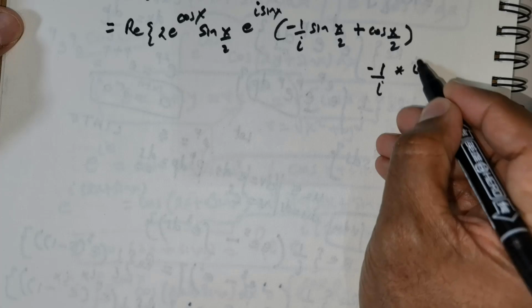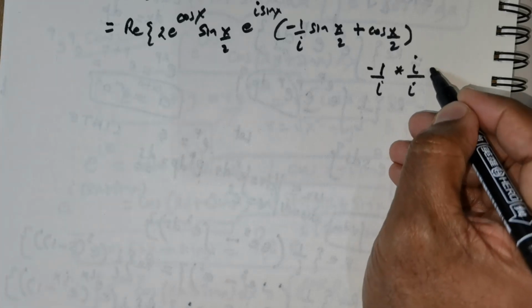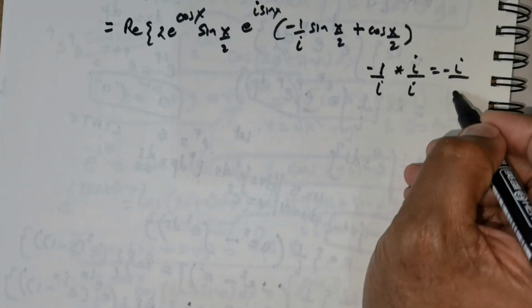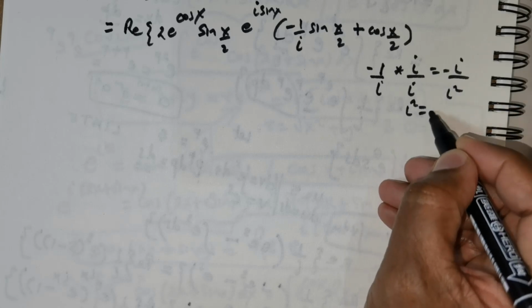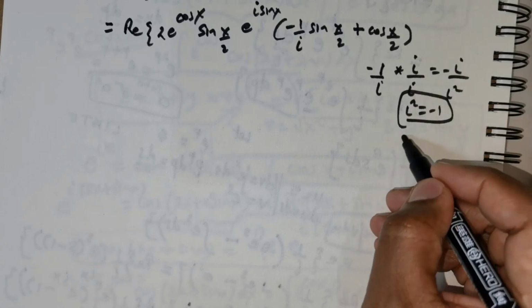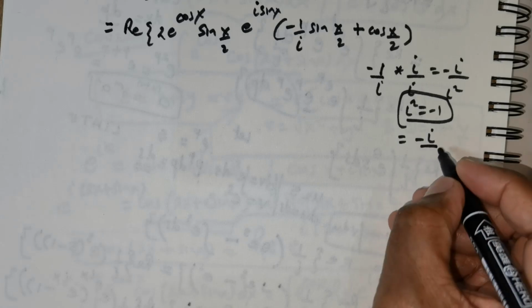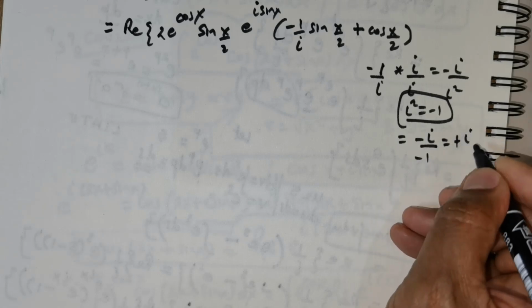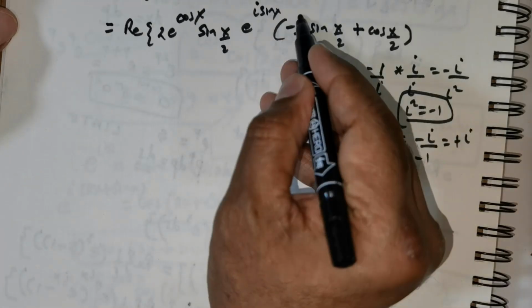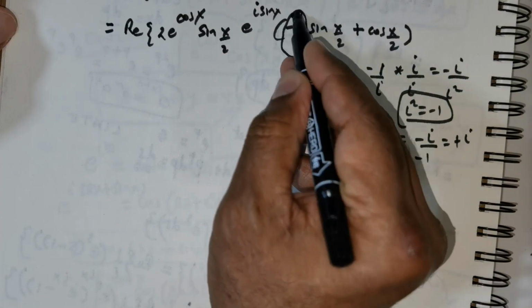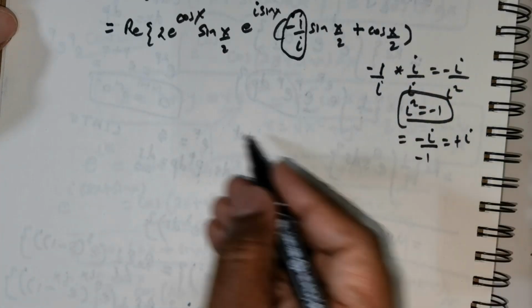So I would be multiplying the numerator by i and dividing it by i. This is going to be negative i. i times i would give me i squared, but i squared is negative 1. So if you replace that, this is going to be negative i divided by negative 1, which is going to be positive i. So I can very well replace negative 1 over i as positive i.